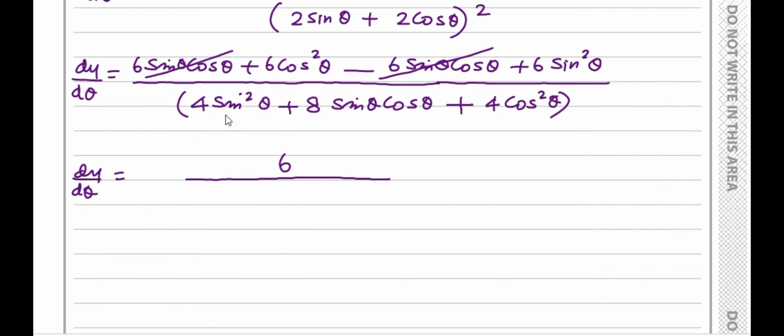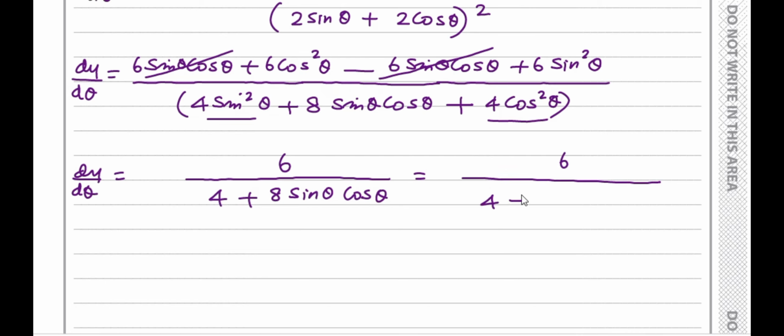In the denominator we have 4 cos square theta plus 4 sine square theta, which will be 4 bracket sine square theta plus cos square theta, which is equal to 4, plus we have 8 sine theta cos theta. So now this is equal to 6 over 4 plus... Let's look at this closely. This is actually an expansion of sine 2 theta.